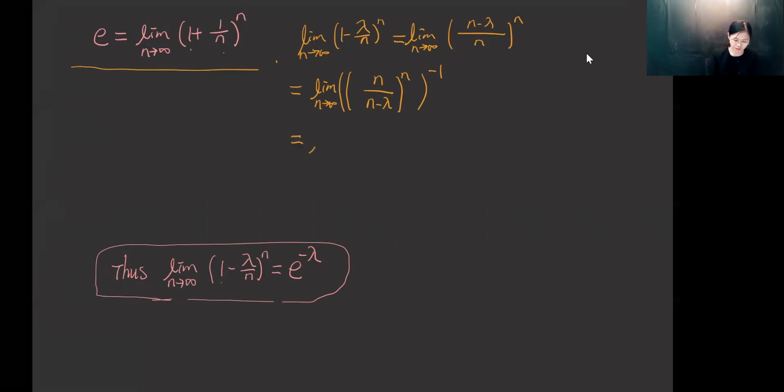The purpose of doing that is to create something that looks like the formula in the definition of E. So once you do that, inside we find that equals 1 plus lambda divided by n minus lambda, to the power n and then to the power minus 1.